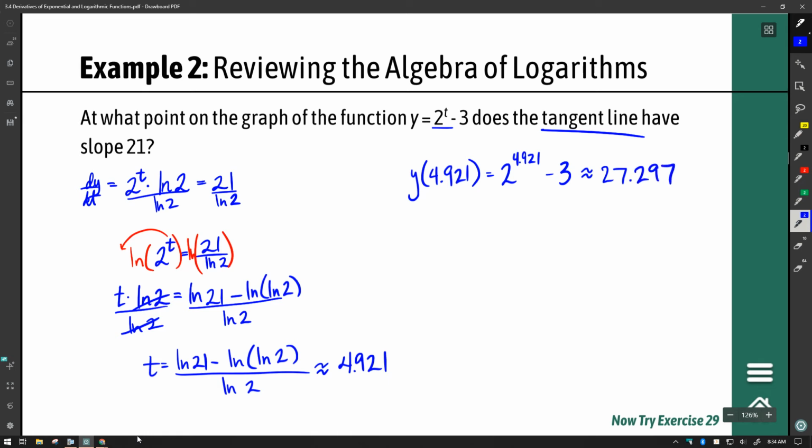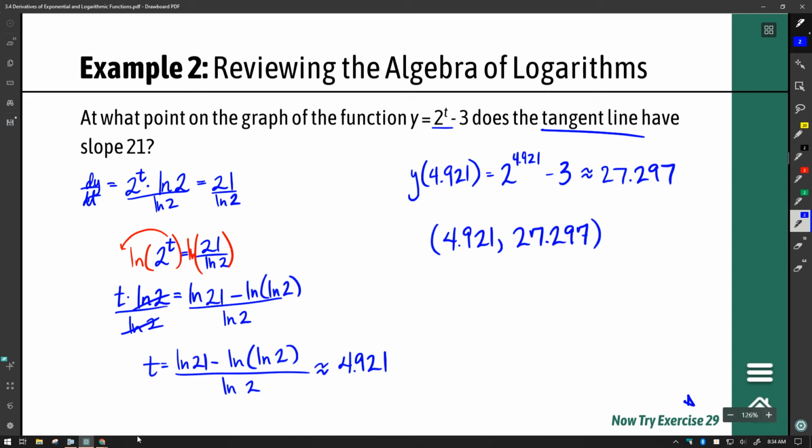Altogether, now we have a point of (4.921, 27.297), and this is the place on the graph of the function y equals 2 to the t minus 3 where the tangent line has a slope of 21.